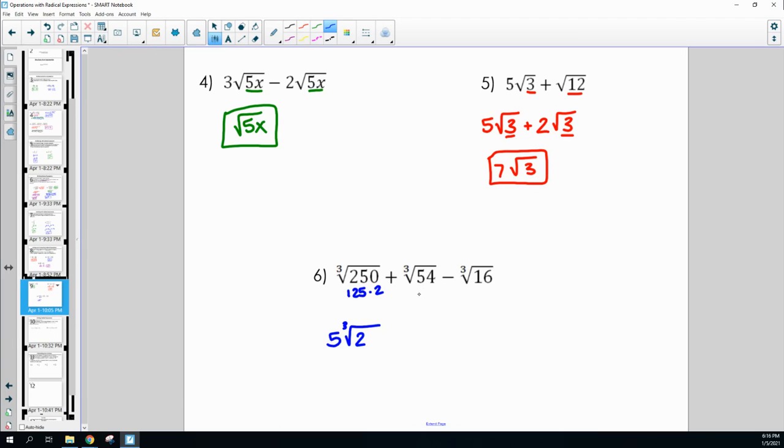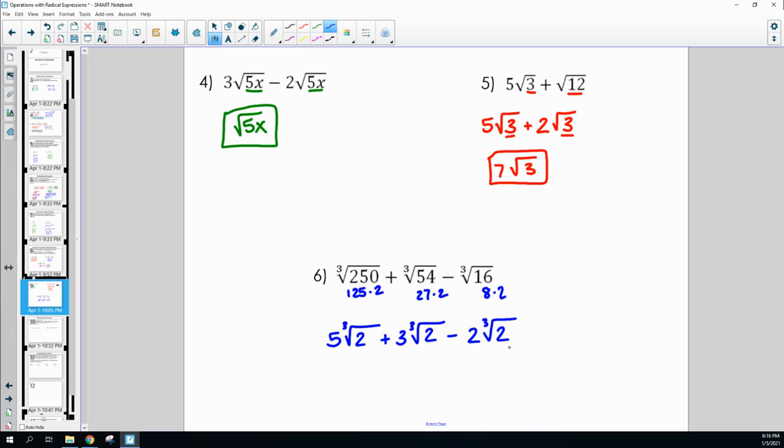The cubed root of 54, well, that's going to be 27 times 2. And 27 is a perfect cube, so that's going to be 3 cubed root of 2. And then 16 can be broken down into 8 times 2, and 8 is a perfect cube, so that's going to be 2 cubed root of 2.